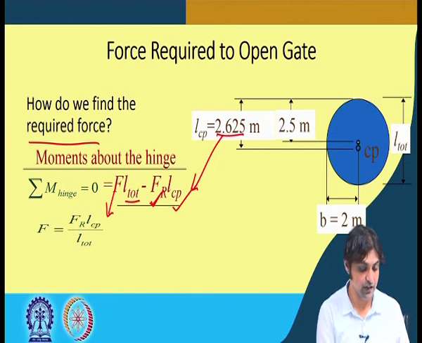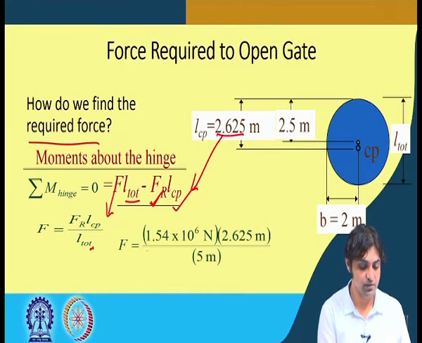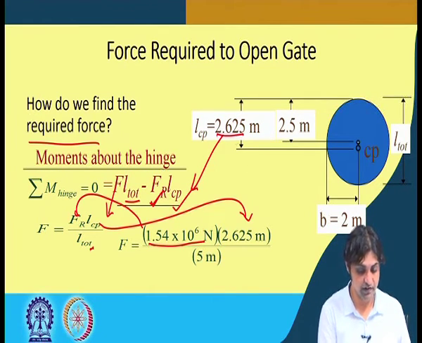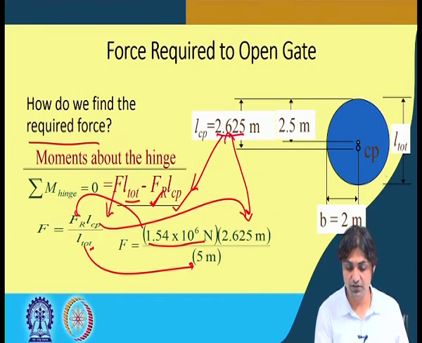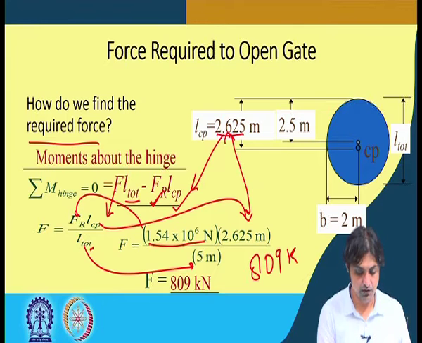So F will be FR LCP by L total, and on substituting the value 1.54 into 10 to the power 6 for FR, LCP is 2.625 as can be seen here, and L total is very simple, it's 5 meters. So this value will come out to be 809 kilonewton.